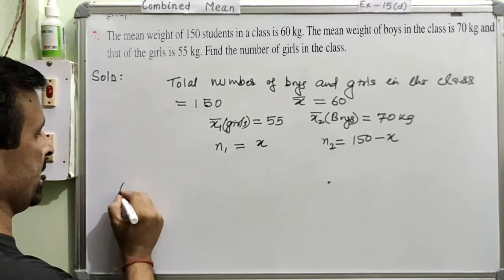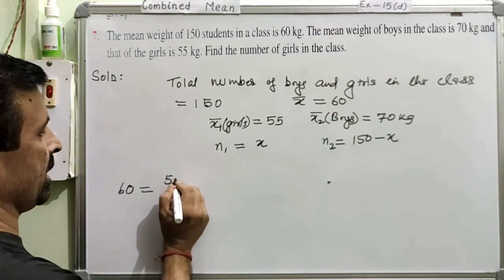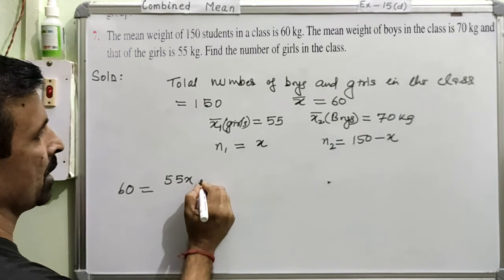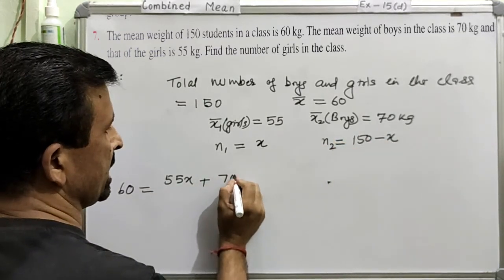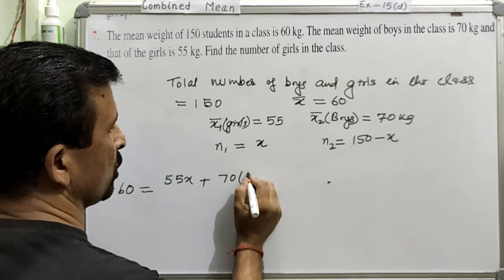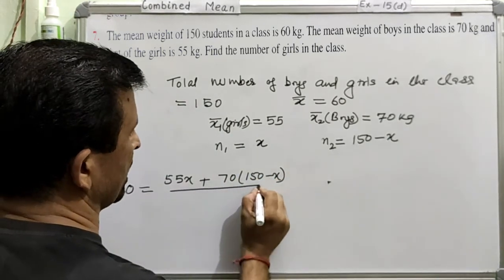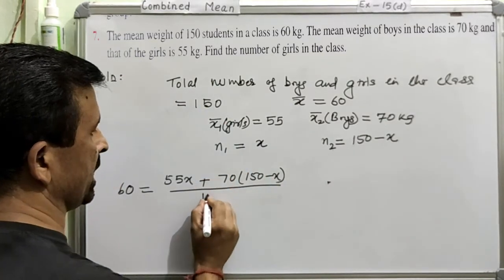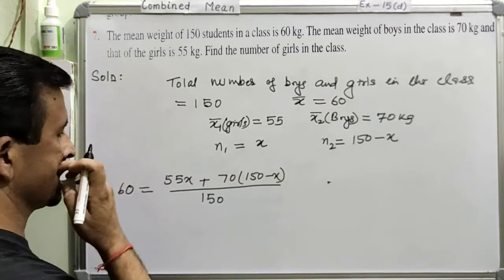So we are going to use the formula. Combined mean 60 is equal to 55x plus 70 into 150 minus x, divided by the total number, which is already given, 150. Now we can cross multiply this side and simplify.